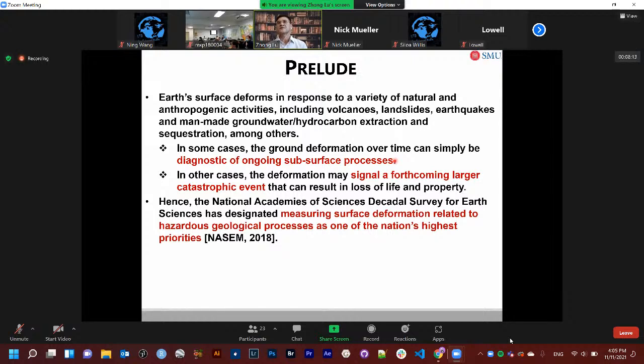In some cases, the deformation may signal forthcoming catastrophic events. It is in this context that the National Academies of Sciences, Engineering, and Medicine decadal survey for Earth sciences has designated that measuring surface deformation related to hazardous geological processes is one of the nation's highest priorities.